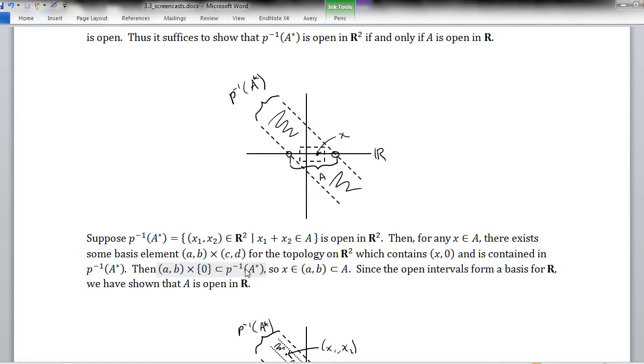Therefore, what does it mean to be in P inverse of A star? It means that if you add up the coordinates, you always get something in A. If you add up the coordinates, first coordinate between a and b and the second coordinate of 0, you just get that first coordinate.